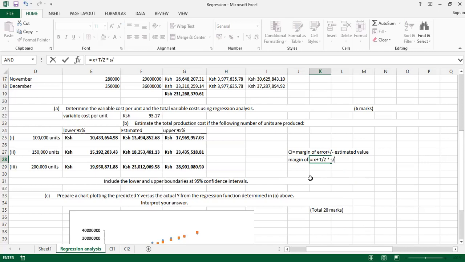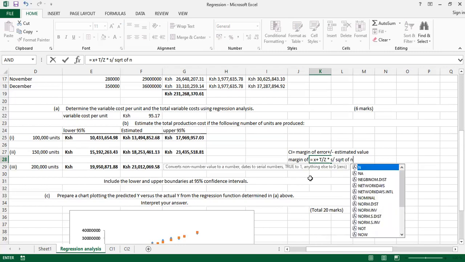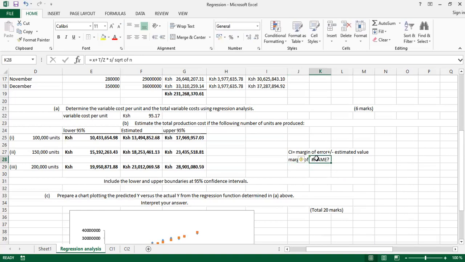over the square root of n. The laptop doesn't write it, and it brings an error because of the word square root, so it's taking it as a square root.